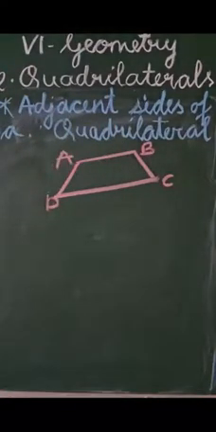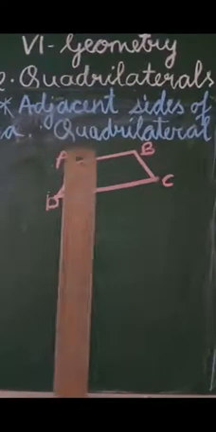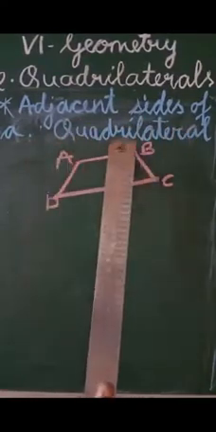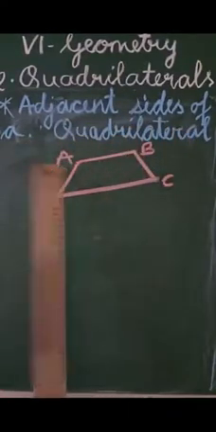This is one pair of adjacent sides. Like this, we are having 4 pairs of adjacent sides. So what are adjacent sides? Adjacent sides have a common vertex.